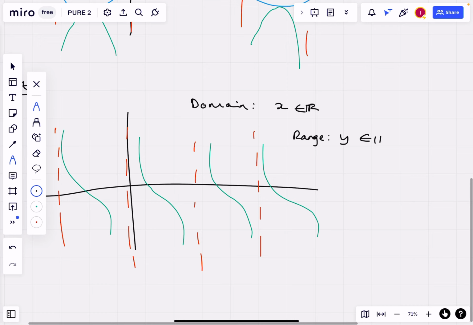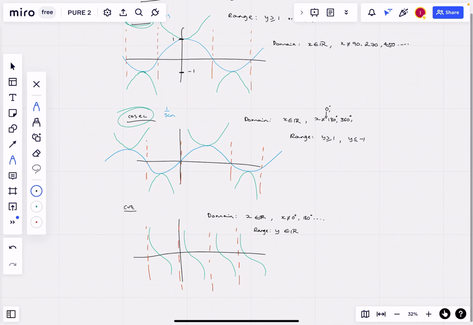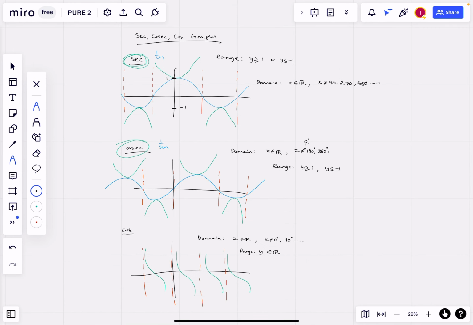But, sorry, the domain can't be the asymptotes. 0, 180, and so on and so forth. Okay? So there you go. Those are the graphs for sec, cosec, and cot.